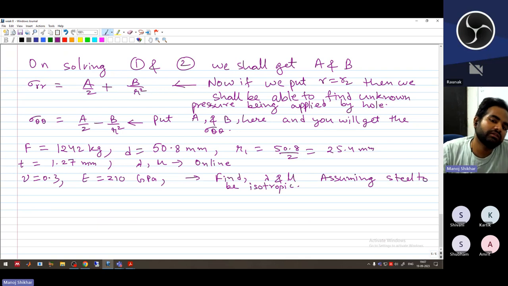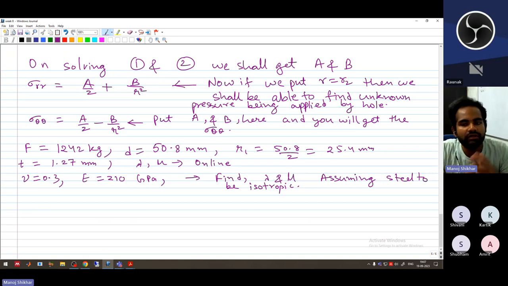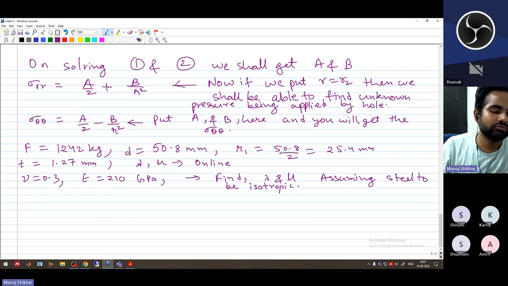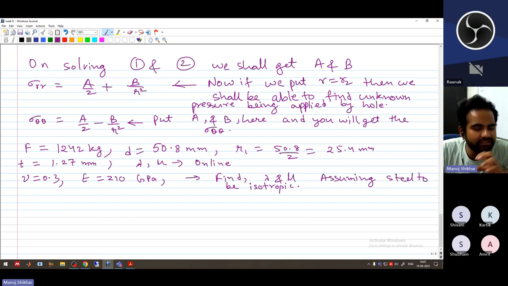So in this case, actually, the data of E and nu was not given. In the question, it was not given. And also you were not given what are lambda and mu. So suppose if you face this problem in the exam also, you assume some possible values. For example, if it was an aluminum tube, if you take E equal to 210 GPa, it will be wrong because its E is around 70 GPa. So you have to have some idea that in which range this E will fall or what should be the value of nu.